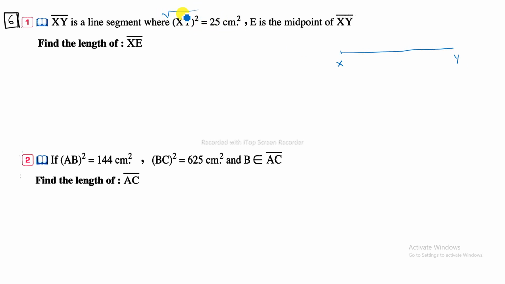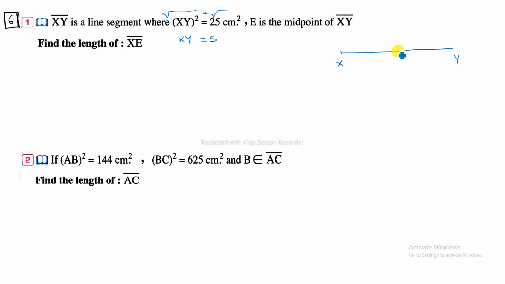By taking square root of both sides, square root of XY power 2 gives length of XY equals. Here it is positive or negative, but I will cancel the negative because it is talking about lengths, and a length of a line segment cannot be negative. Square root 25 is equal to 5, so the length of this line segment is 5.